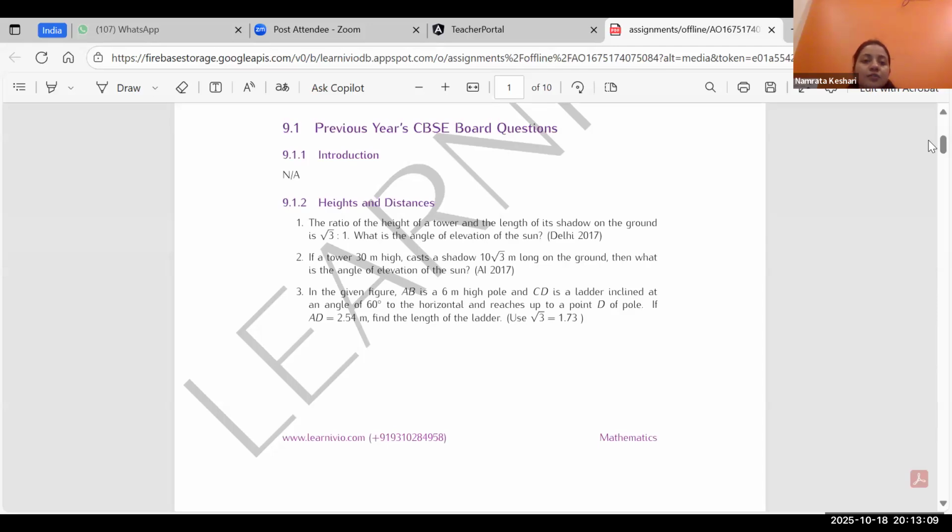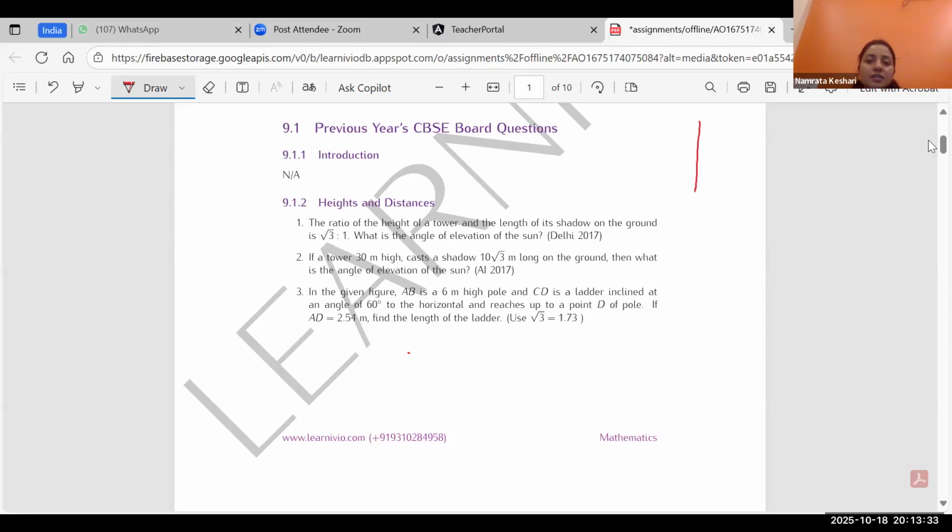The ratio of the height of a tower and the length of its shadow on the ground is root 3 to 1. Is the first question readable, Salwa and Afshin? Yes, ma'am. It says the ratio of the height of the tower and the length of the shadow.